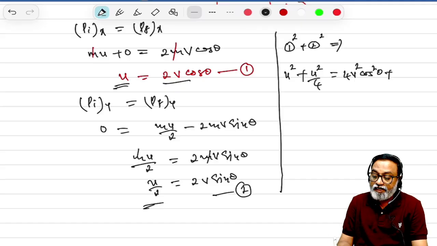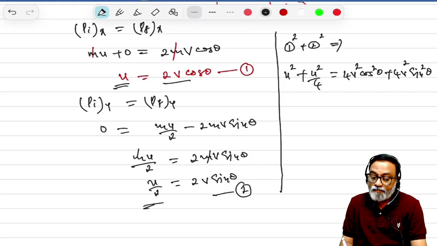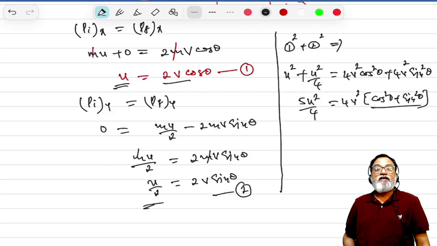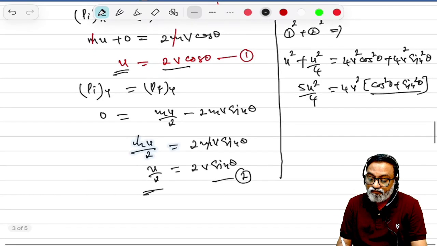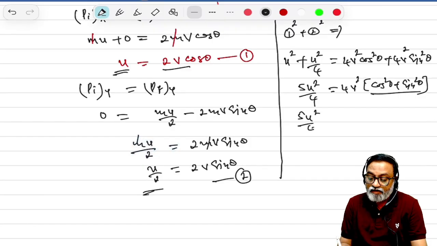Here also 2v sin theta, 4v square sin square theta. Here this becomes 5u square by 4. Taking 4v square common, we get cos square theta plus sin square theta, which is 1. Therefore, 5u square by 4 is equal to 4v square.